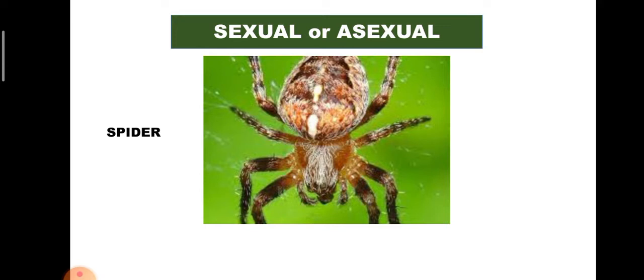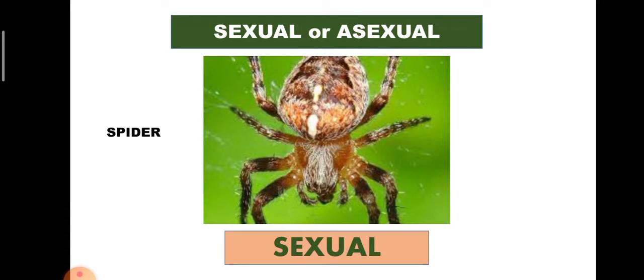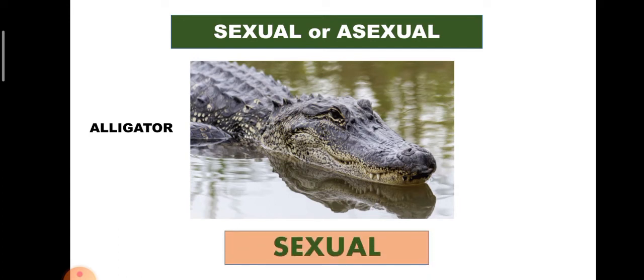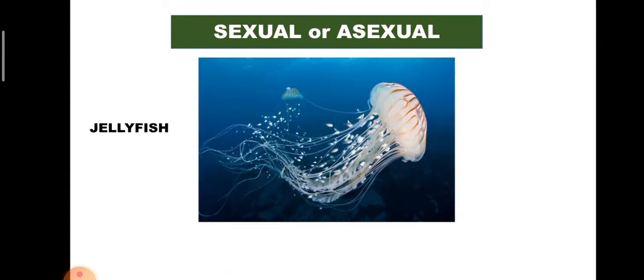So our first picture is spider. How do you think the spider reproduce? It is sexual. It needs a mate. Next, we have alligator. Okay, it reproduce sexually. Kailangan din niya ng kasama. We have jellyfish.